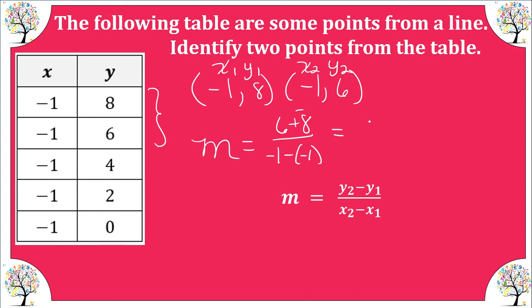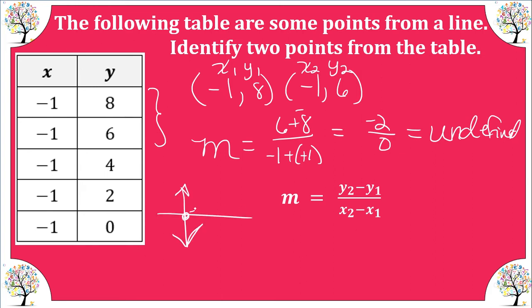So I get -2 over 0, and we can't have 0 in the denominator, so this is undefined. This was the vertical line passing through the -1 on the coordinate plane. So this was not a function. This equation would be x equals -1, because guess what? The x's are all -1. X is -1.